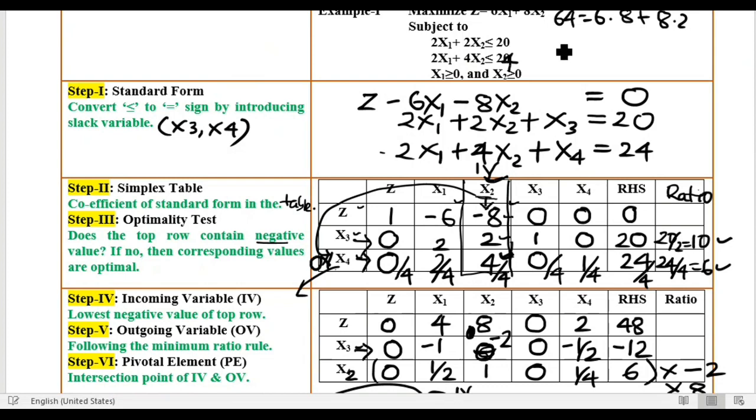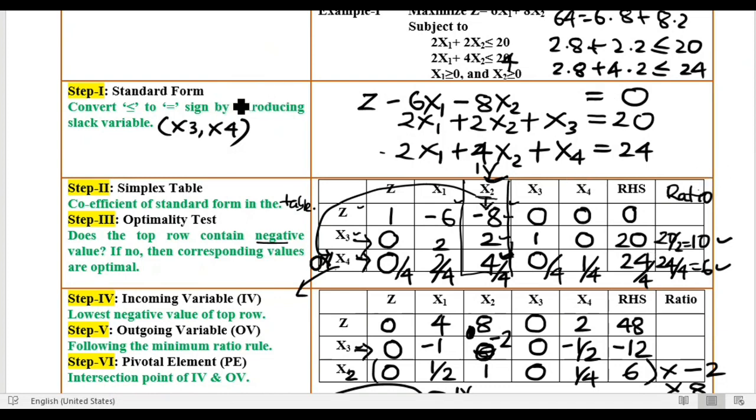And if we put 2 times 8 plus 2 times 2, it will be less than or equal to 20, and 2 multiplied with 8 plus 4 multiplied with 2 will also be less than or equal to 24.